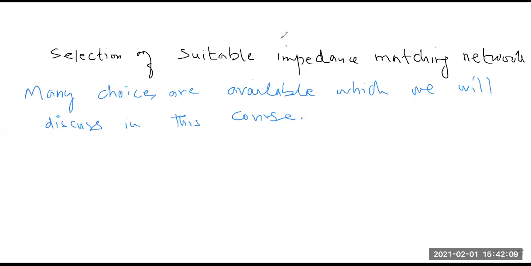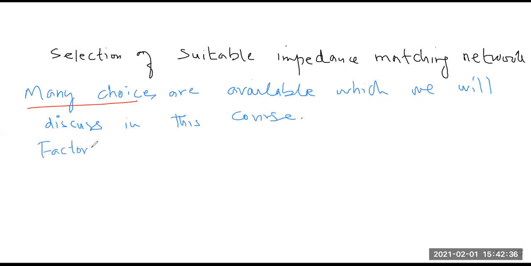Now, if a number of choices are available, as a microwave engineer, which particular choice will you select? What are the factors you take into account during your selection criteria?